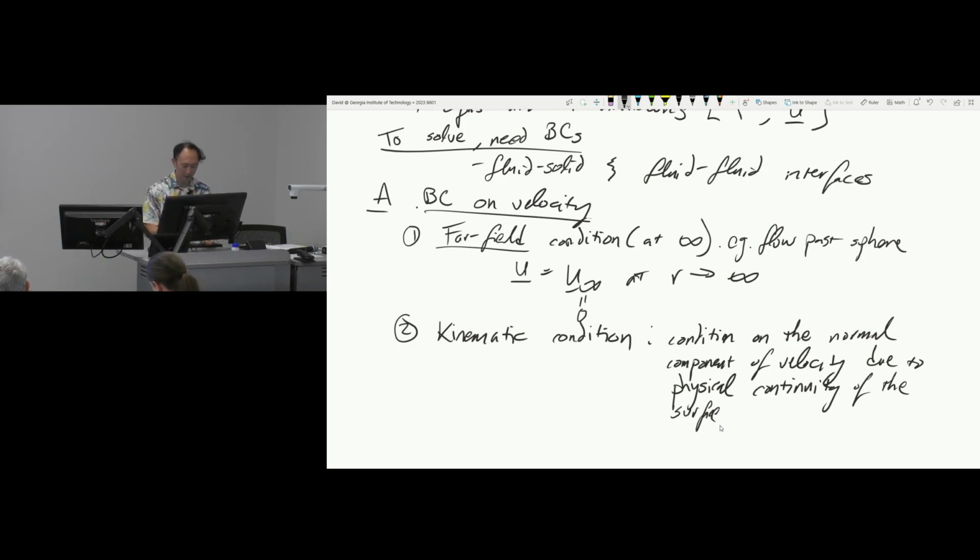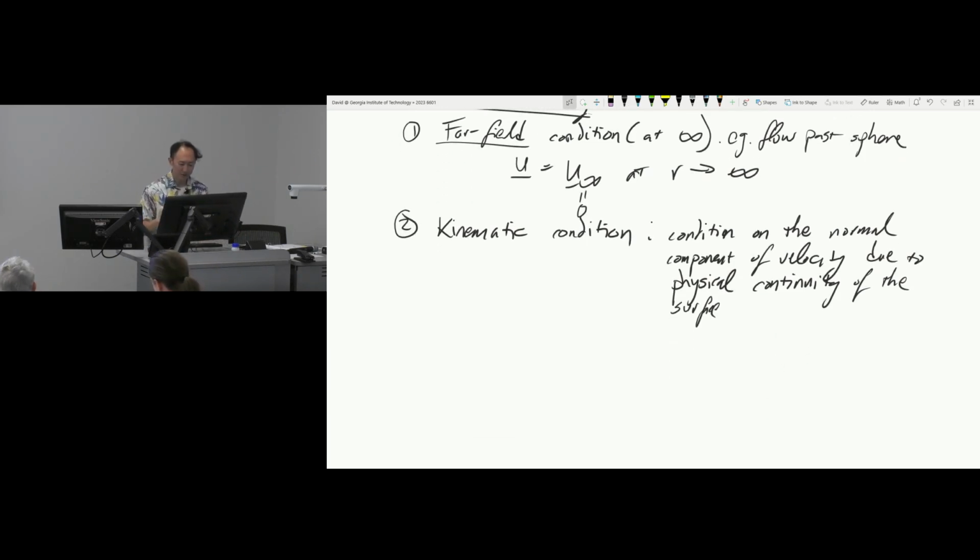Okay, so this condition says the normal current velocity is continuous, continuity of the surface.